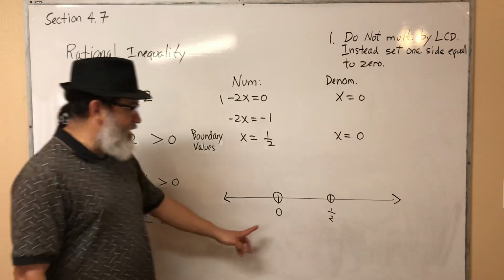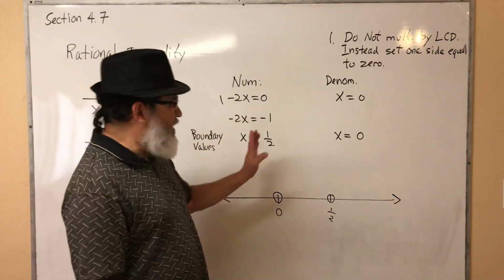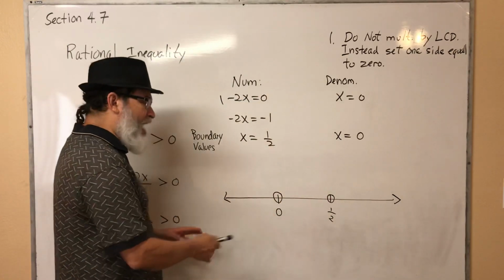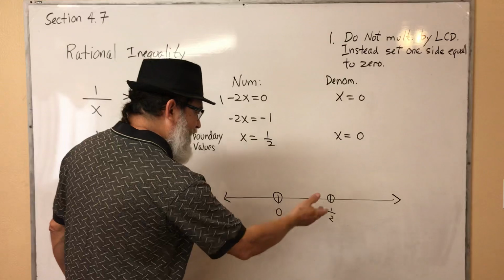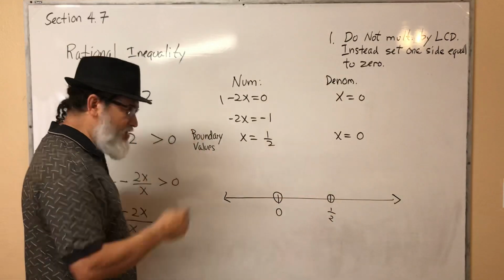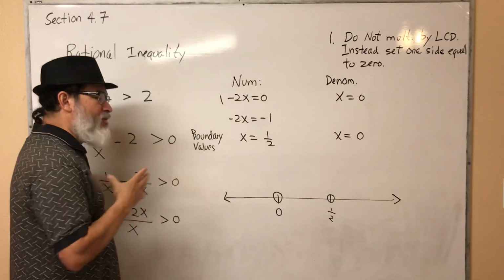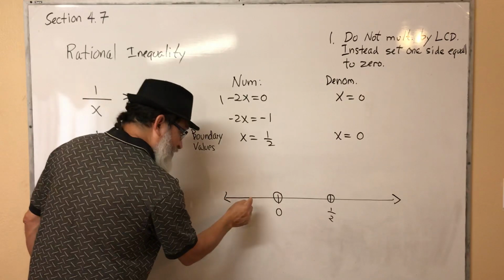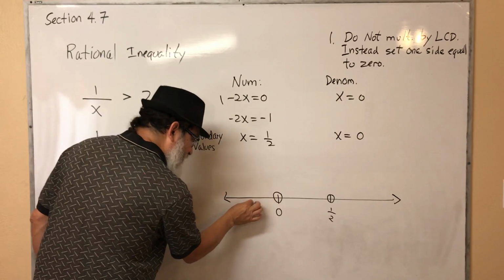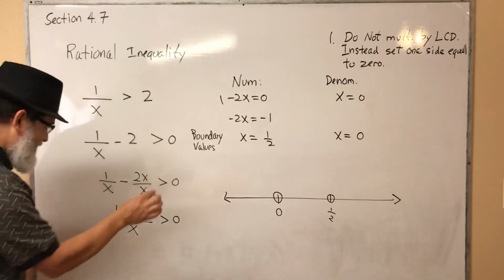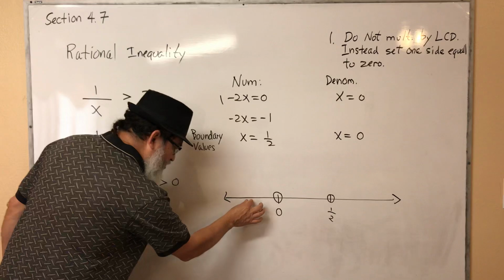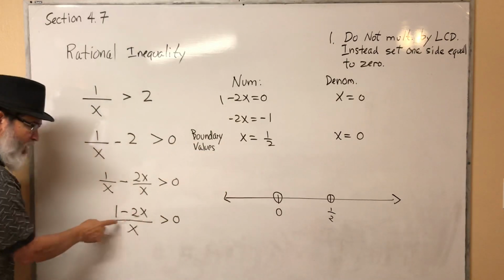And from the bottom I got 0, and from the top I got half. Those two boundary values divide the number line into 3 regions. What I'm going to do is check each region. Pick a value from each region and plug it into this inequality.